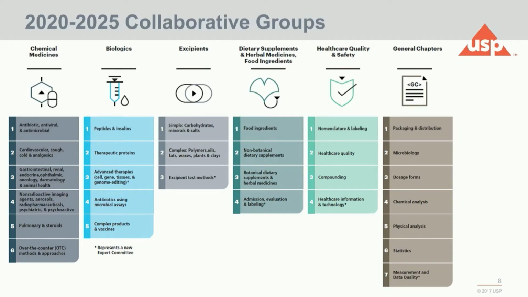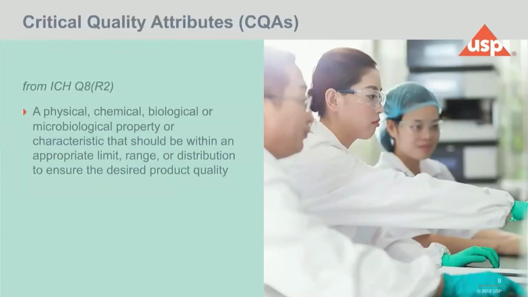So I'd like to jump in now to talk more about critical quality attributes. I wanted to start with this definition from ICH Q8R2. A critical quality attribute is a physical, chemical, biological, or microbiological property or characteristic that should be within an appropriate limit, range, or distribution to ensure the desired product quality.